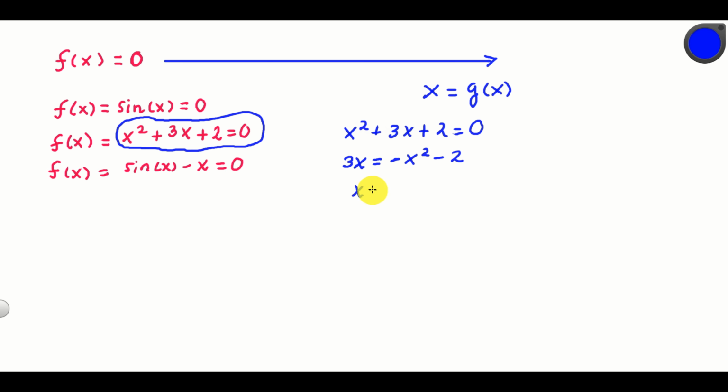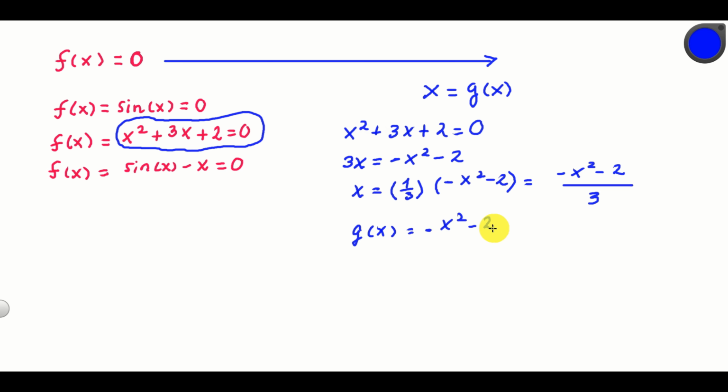Consequently, we have that x is equal to 1 over 3 multiplying minus x squared minus 2, or we can write this equation like this: minus x squared minus 2 divided by 3. From here, we see that g of x is minus x squared minus 2 and everything divided by 3.